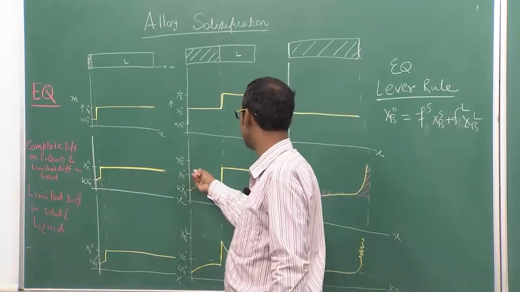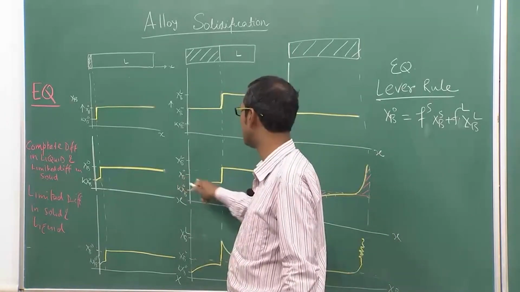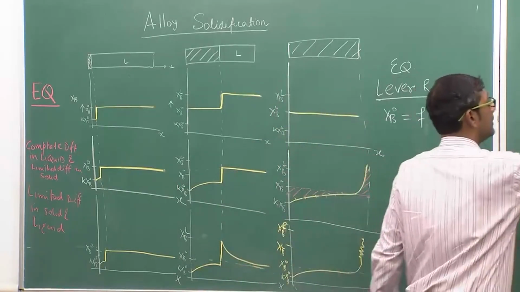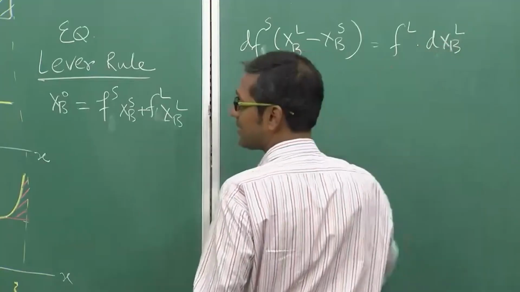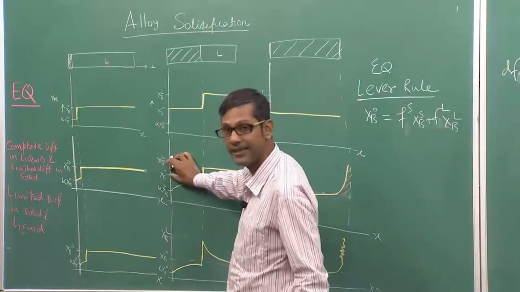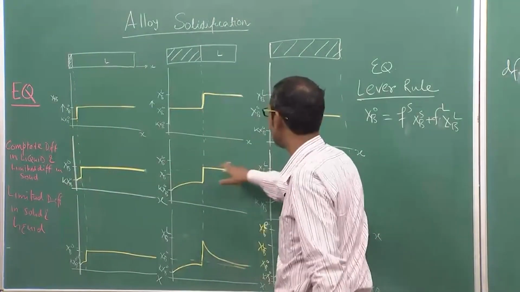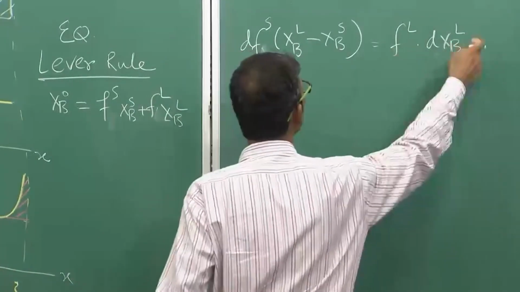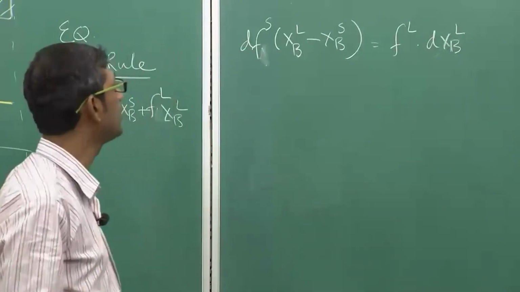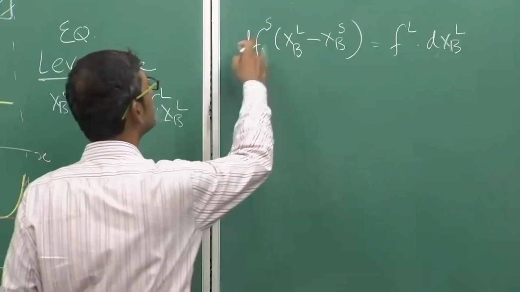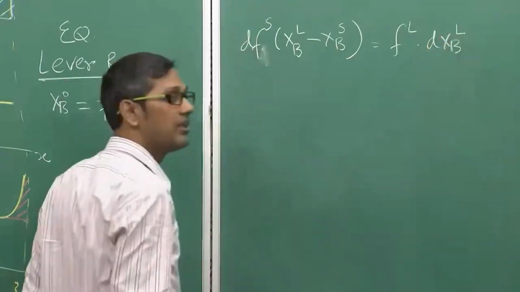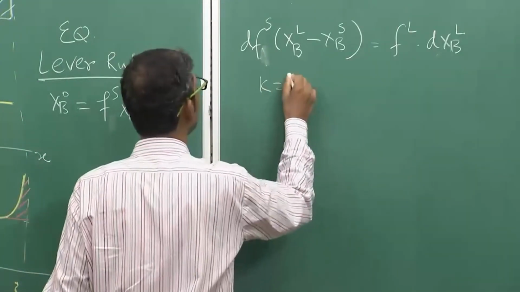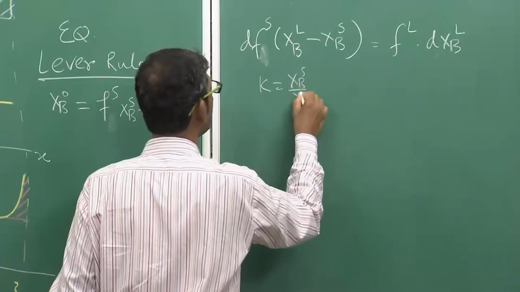Remember this composition is higher than XB0, because there is a buildup, an increase, in the liquid. This is the increase, dXBL, and it must be multiplied by the fraction of liquid left over. So, this is the solute rejected into the liquid, and this rejection is equal to the change in the solute concentration in the liquid. Now, we know that K equals XBS divided by XBL.